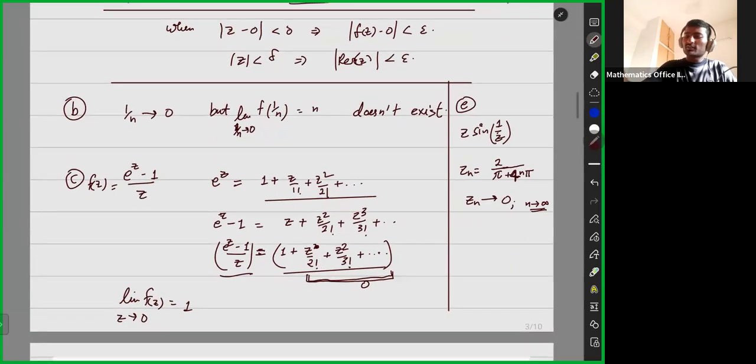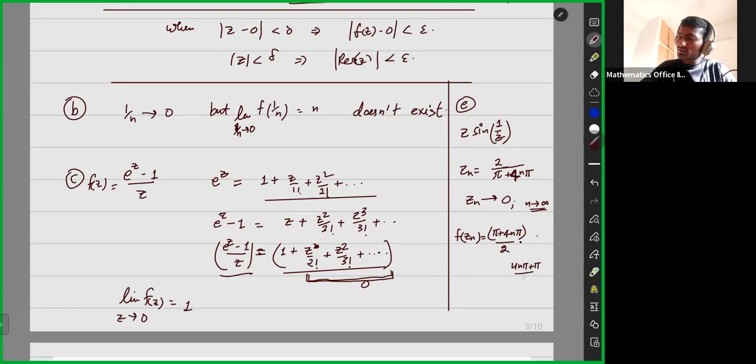Now put, what is f of zn? f of zn is (4n pi plus pi) divided by 2 into sine of 4n pi plus pi by 2.